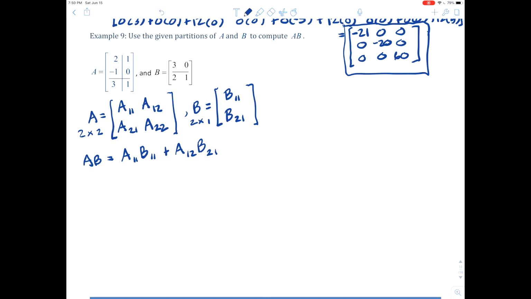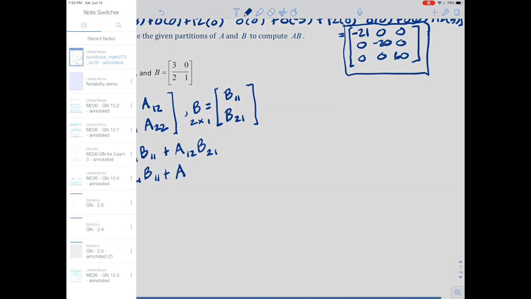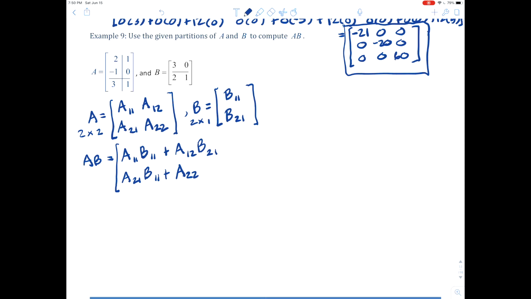So do you see we're going to get a 2 by 1 out? So that completes row 1. And then row 2, let's see what we get. We'll use the second row of A, and we'll have A21 times B11 plus A22 times B21.